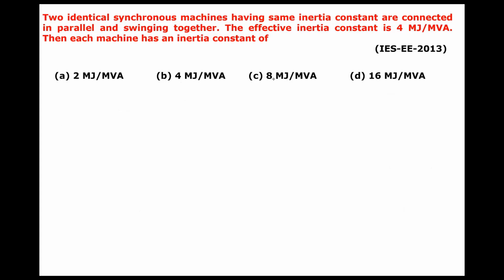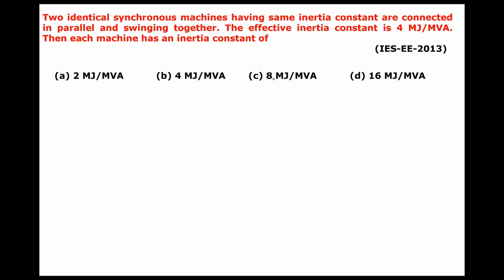So, two identical synchronous machines having same inertia constant are connected in parallel and swinging together. The effective inertia constant is 4 megajoules per MVA.